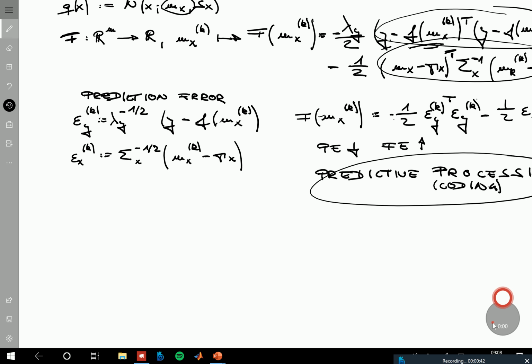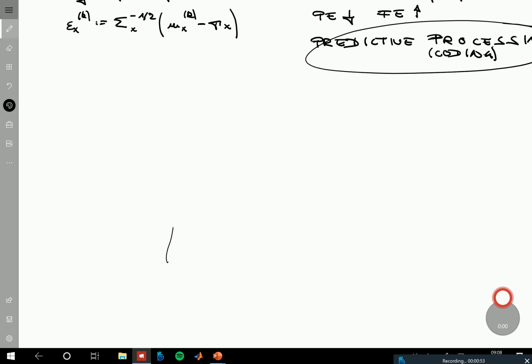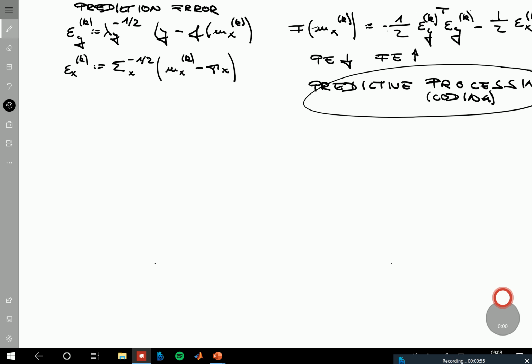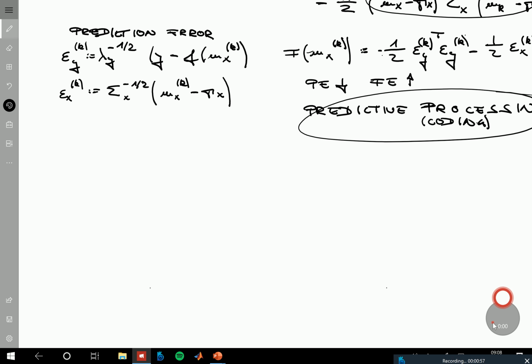what we need again is the idea of gradient ascent. So remember, we are talking about, of course, learning or updating the variational parameter.